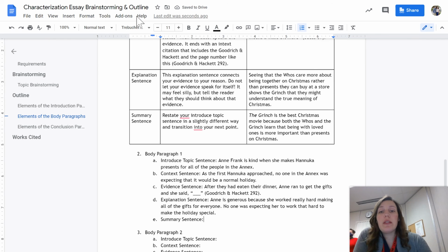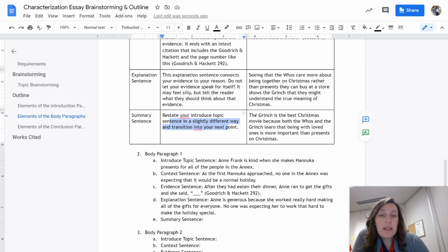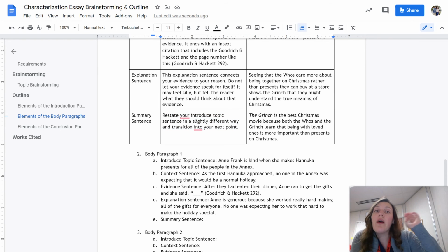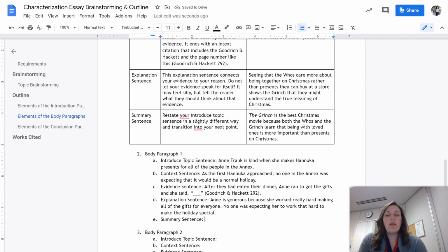And then the summary sentence: restate your introduced topic sentence in a slightly different way and transition to your next point. So we always want to remind of the author name, person, the characterization word, and then lead into my next word. So no one was expecting her. And what word am I on?